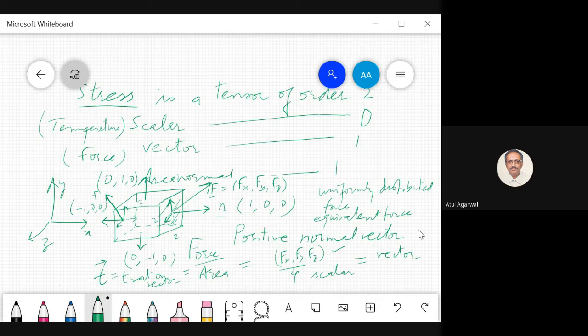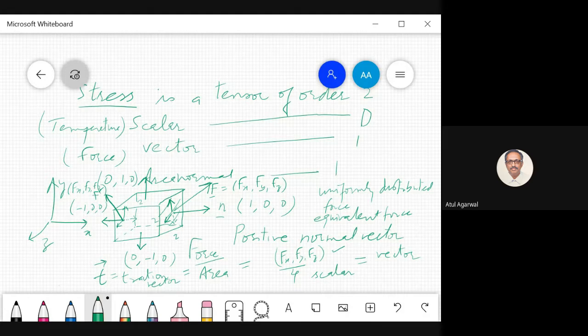This component becomes negative because the positive direction is this. So you have got components fx, fy, fz. What is the traction? Fx upon this area, fy upon this area, fz upon this area. Now the x component is negative, so the traction vector has a negative tx value.